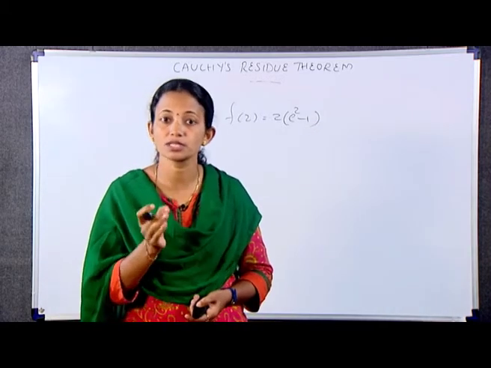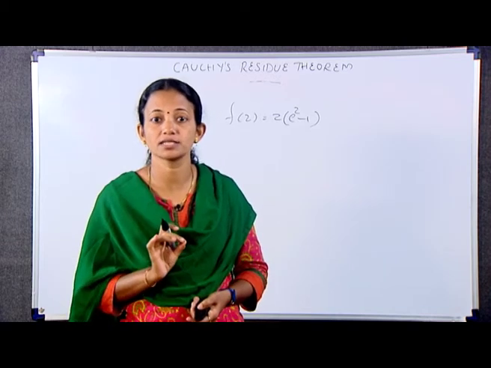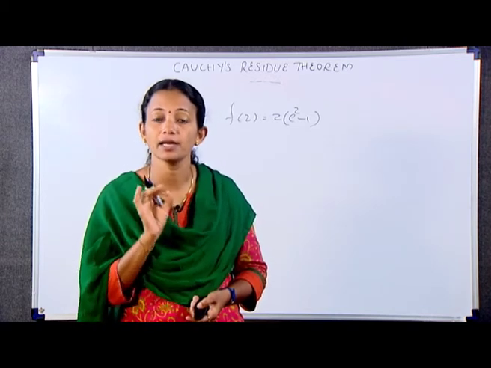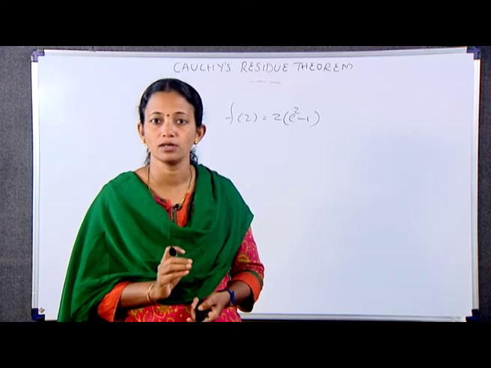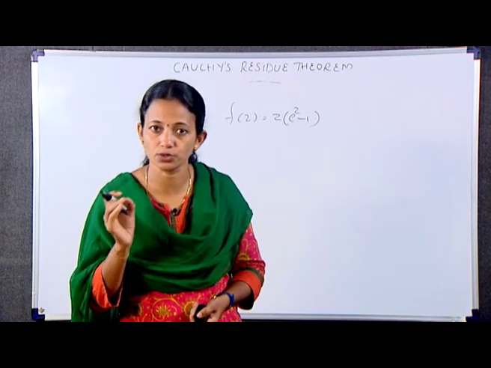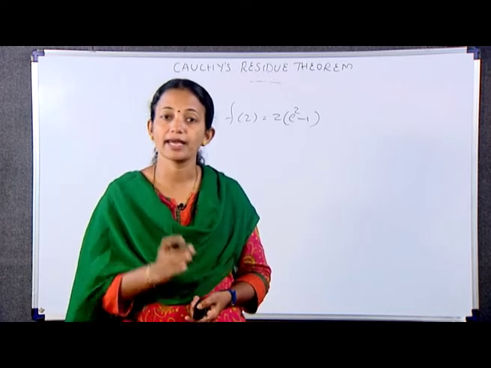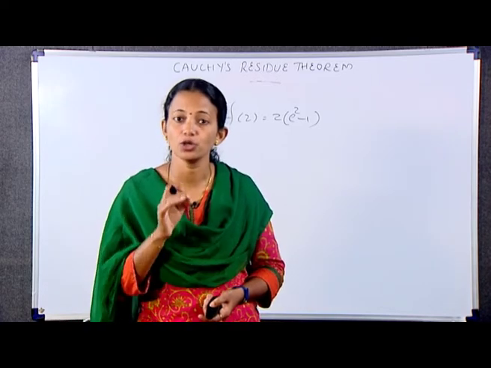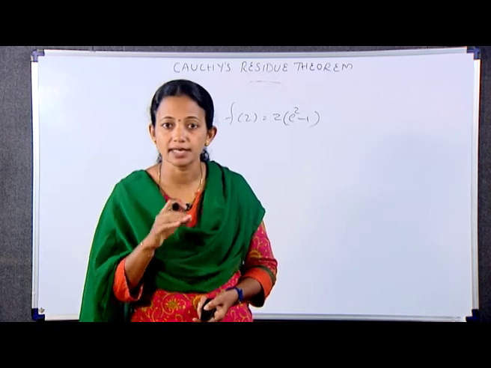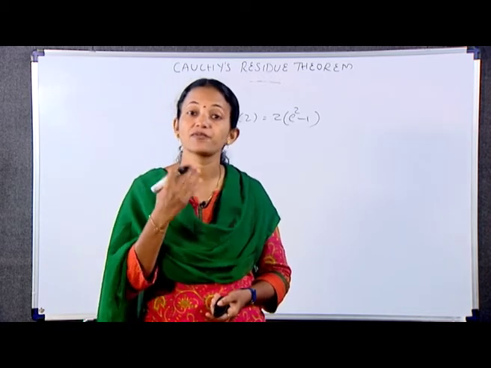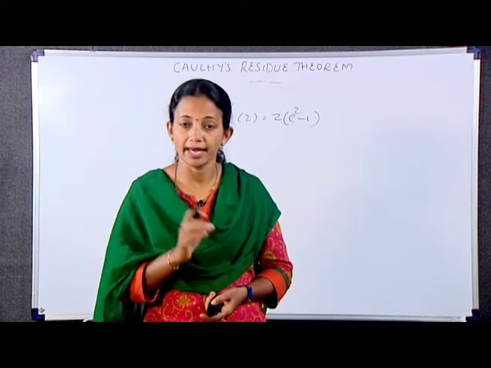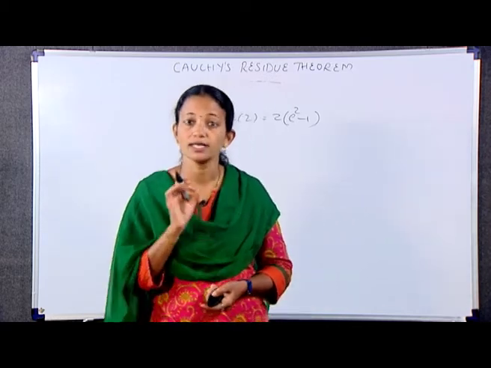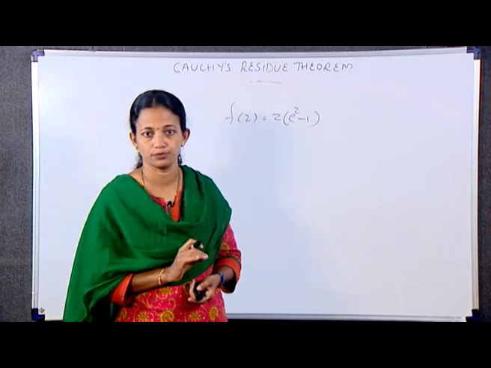That is, f of 0 is equal to 0, f dash of z is equal to e raised to z minus 1 plus z into e raised to z, by the product rule, and of course f dash of 0 is equal to 0. Again, f double dash of z is equal to 2 e raised to z plus z into e raised to z, and f double dash of 0 is equal to 2, which is not equal to 0. Hence, z is equal to 0 is a zero of order 2.